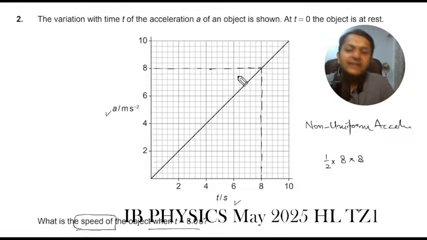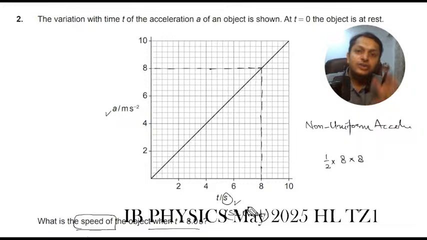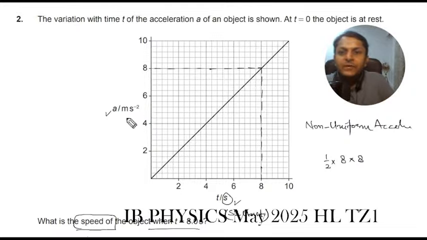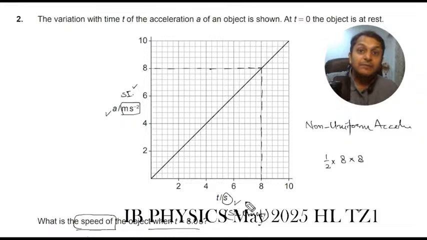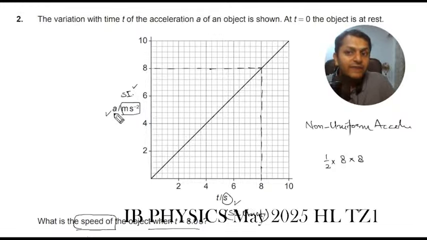Now, when you are picking some data from the graph, always be careful about the units here. Number one, the unit should always be SI unit. Many a times the length is given in centimeters and others, so you have to be very careful about it. So even here, the unit is SI, no doubt about it. Another thing that you have to keep in your mind is that many a times there is a multiplying factor given here, like for example, acceleration multiplied by 10 raised to power negative 2.